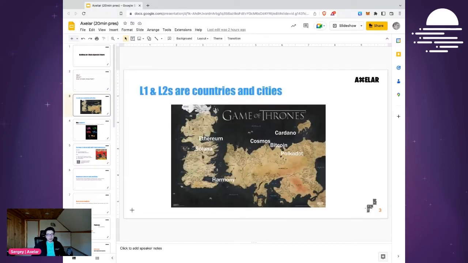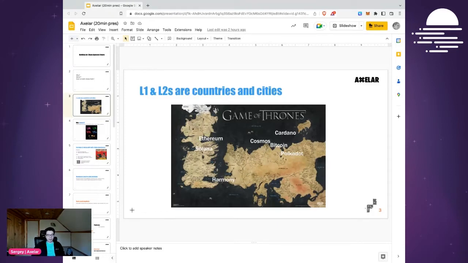If you are not convinced that building in multi-chain environments is the future, then I think you should go back and think about some analogies, right, with traditional systems and traditional networks that have been built. And the oldest networks that have been built are all around physical exchange of goods, right?